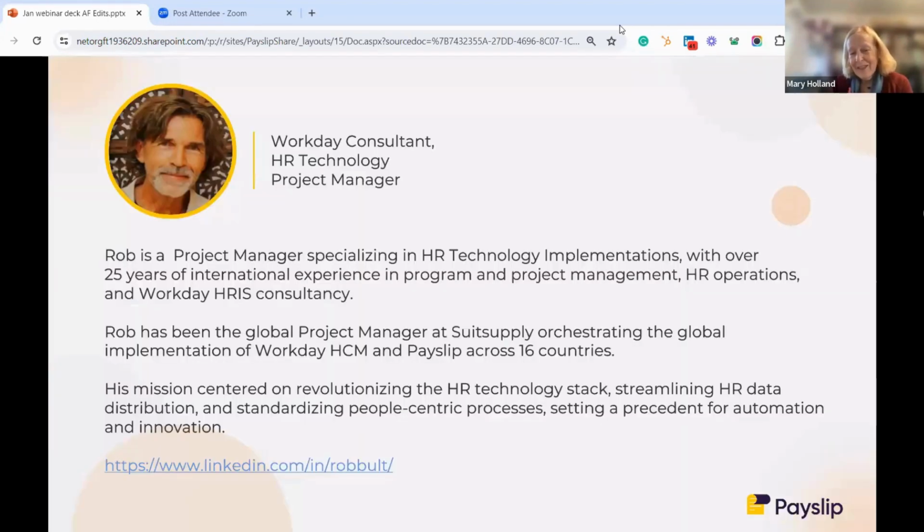So we're going to have a fireside chat with Rob. As I shared a little bit about him, he has many years of experience, and one of the pieces that's really good is he has insight. Sometimes he is brought in at the beginning of the project when somebody's making a Workday decision, or could be brought in to help manage the project with the project management team after the decision has been made.